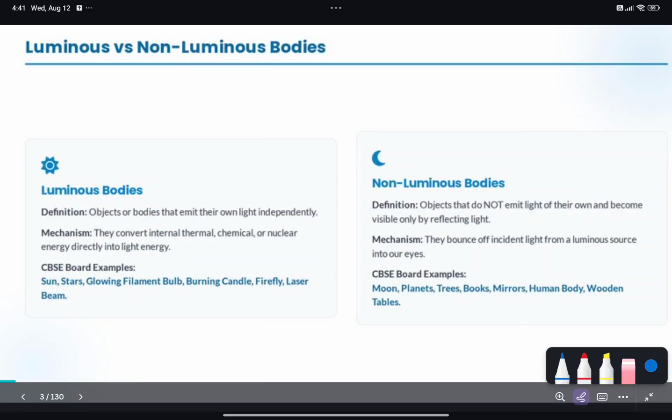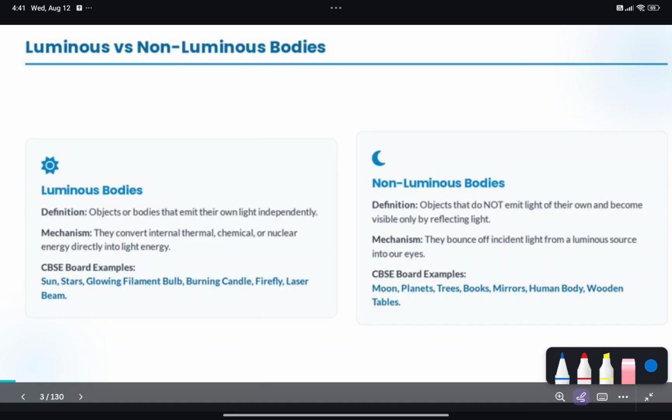Mechanism: they convert internal thermal, chemical or nuclear energy directly into light energy. For example, the sun is a star or not? The sun is one of the stars. Yes or no? How do we get the light from the star? There are some reactions taking place in the sun.